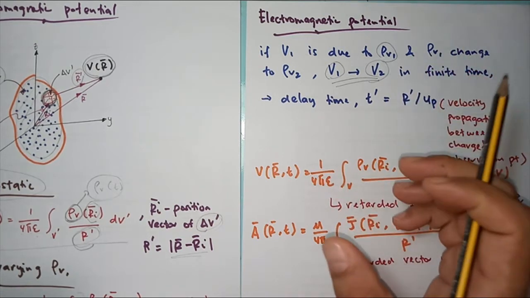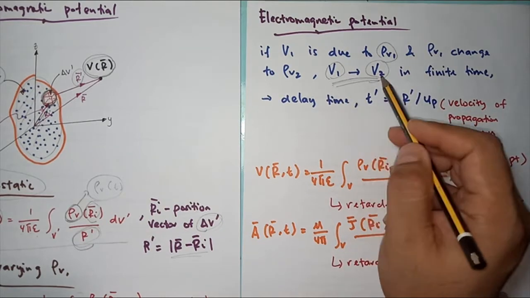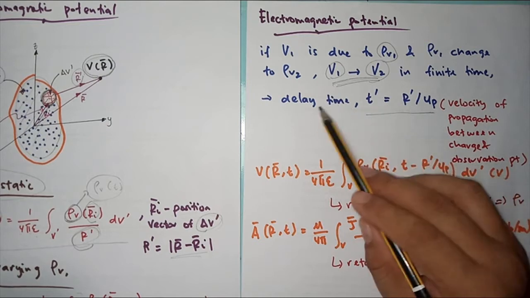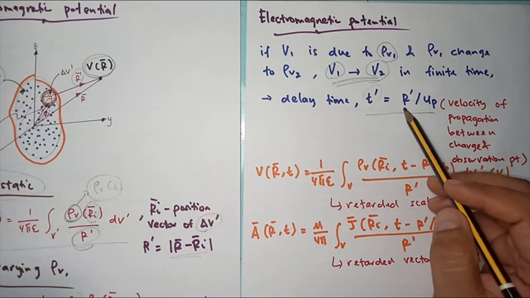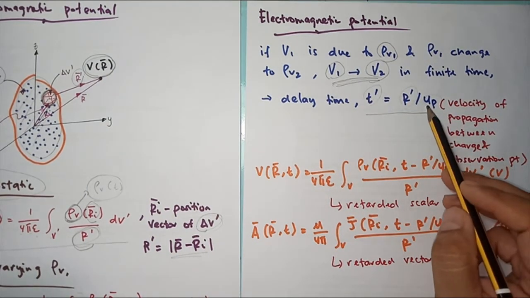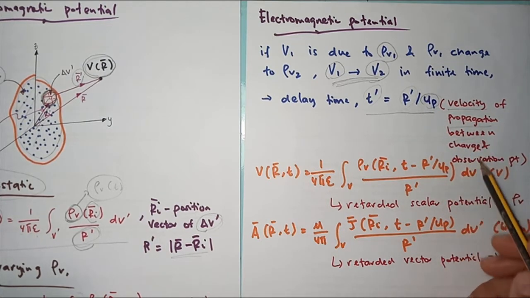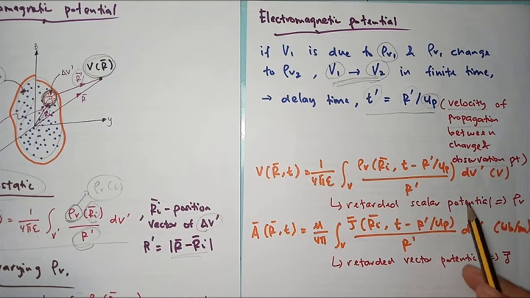It takes some delay time, and that delay time can be represented by this expression, where the delay time, or t prime, is equal to R prime divided by UP. In this case, UP represents the velocity of propagation between the charge and the observation point.